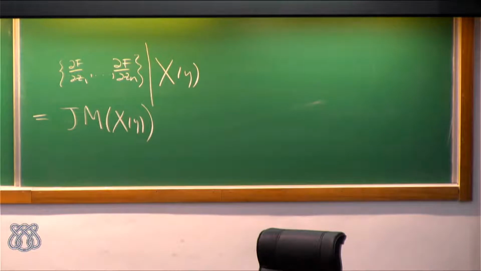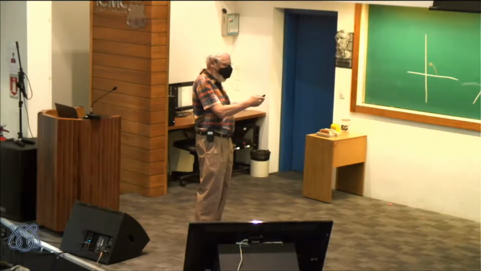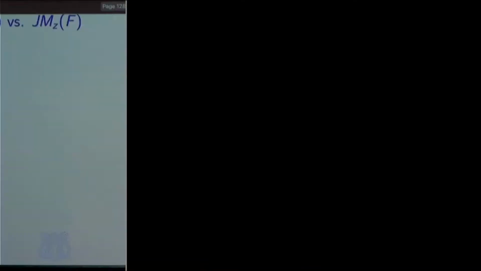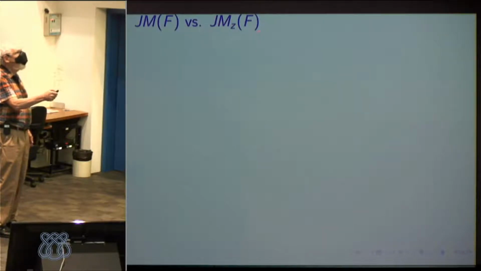I want theorems that are about what happens fiber by fiber. So I have to take this, which is something on the total space, and replace it by something which does have a good restriction when I restrict to a fiber.